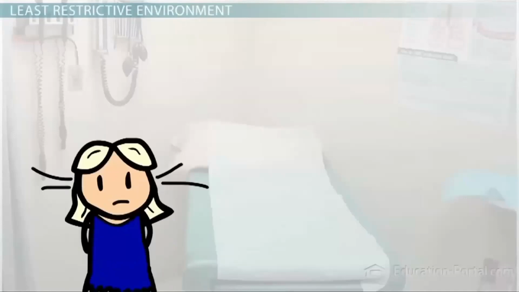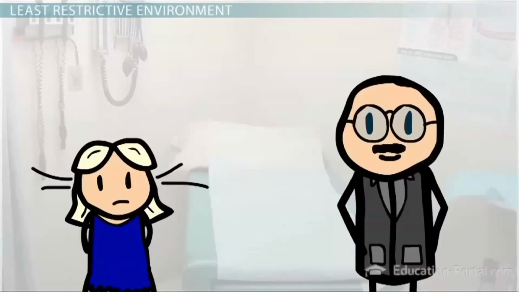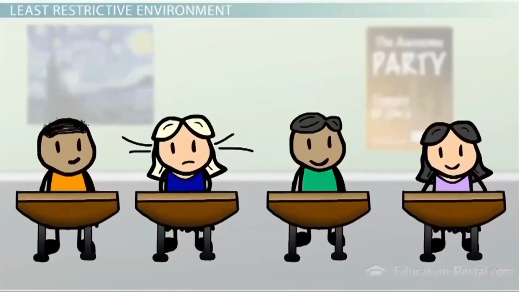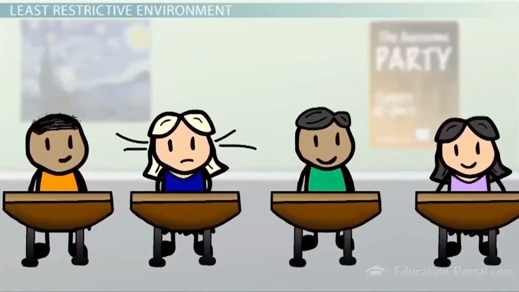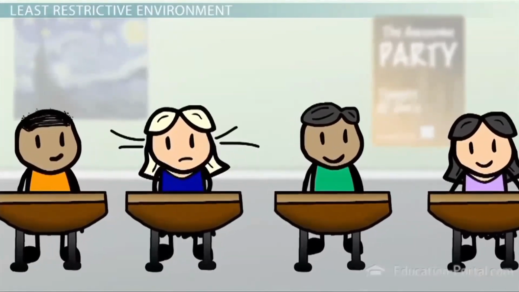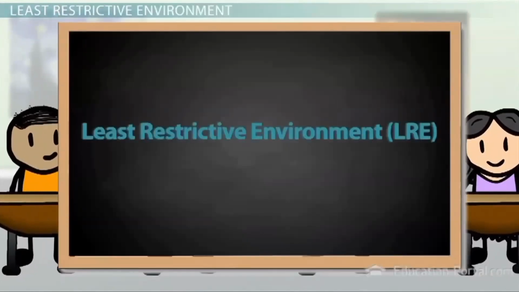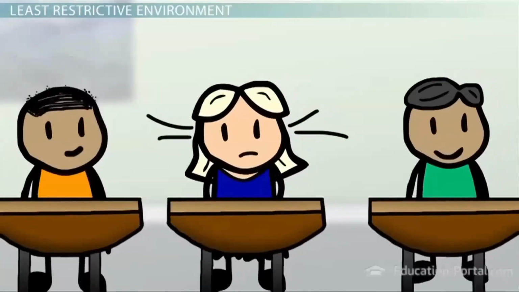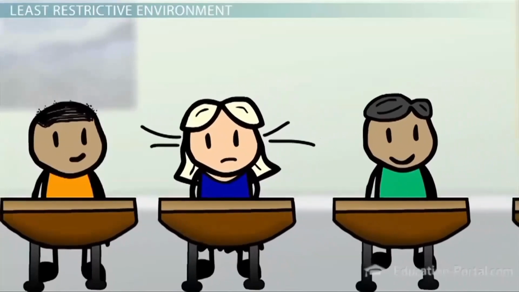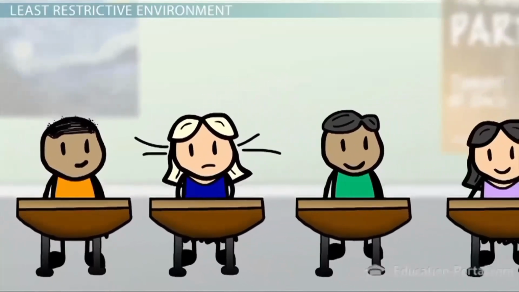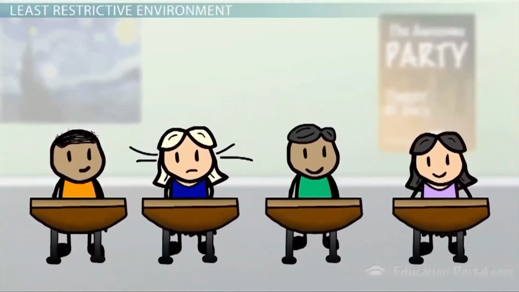Although Susie might meet with a specialist once or twice a week, most of her time would still be spent in the classroom with all of her fellow students. This is because another aspect of the IDEA is the requirement that a student with a disability be educated in the least restrictive environment possible, or LRE. In other words, a student like Susie who has a disability should have the opportunity to be educated with her non-disabled peers to the greatest extent possible.